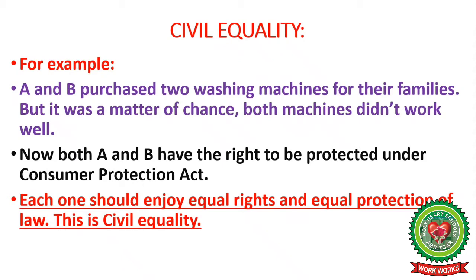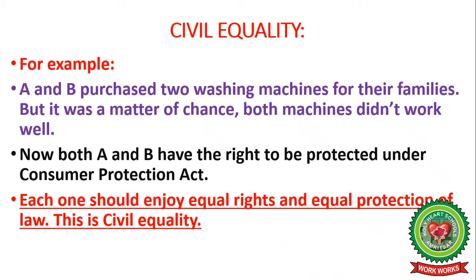Next example is also related to civil equality. Now, A and B purchased two washing machines for their families. But as a matter of chance, both machines didn't work well. Now both A and B have the right to be protected under the Consumer Protection Act. This is a law, the Consumer Protection Act.